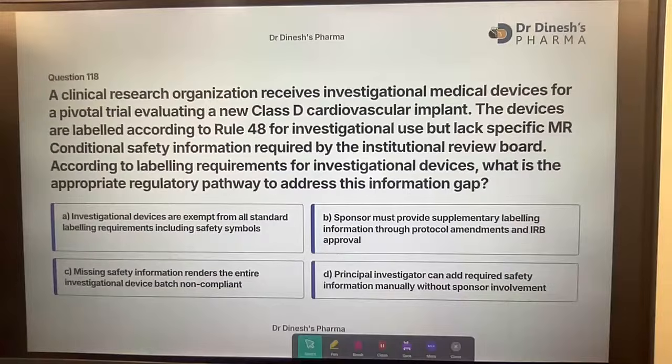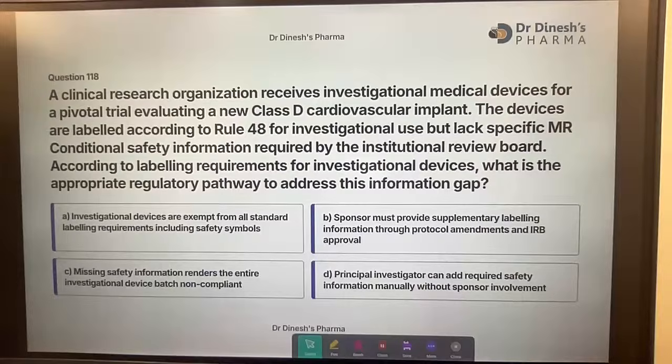According to the labeling requirements for investigational devices, what is the appropriate regulatory pathway to address this information gap? So there is a communication gap between these two.